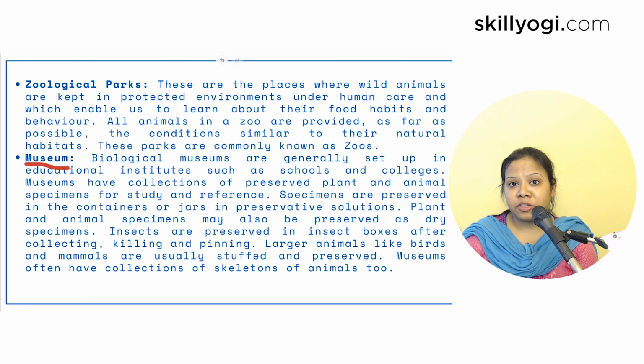Plant species are preserved like herbarium sheets, or as skeletons, different types of plants, different types of body parts. Everything is stored in the museum, so we can easily identify living organisms, classify them and give names. So museum is also a very important taxonomical aid.